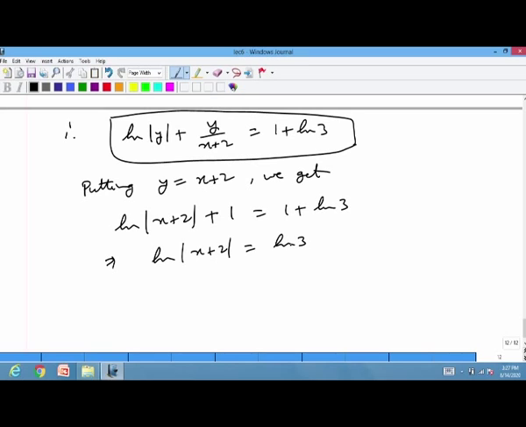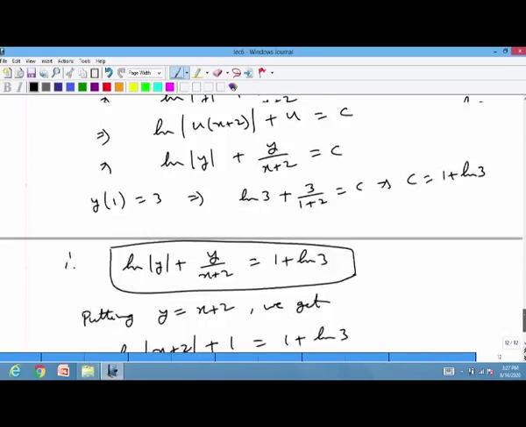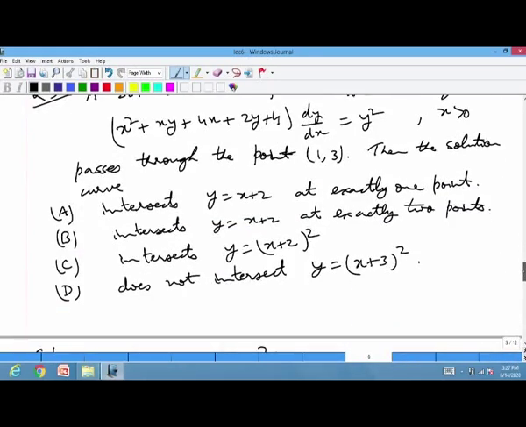And since x is greater than 0, we can simply write log(x+2) equal to log 3. The only x for which this happens is x+2 = 3, that is x = 1. So, therefore, the solution curve intersects y = x+2 at exactly 1 point. So, A is correct and B is wrong.